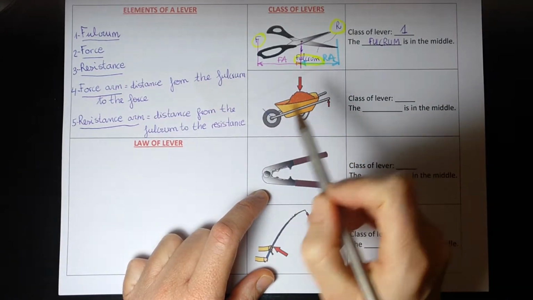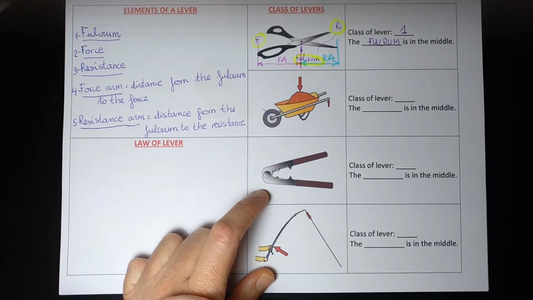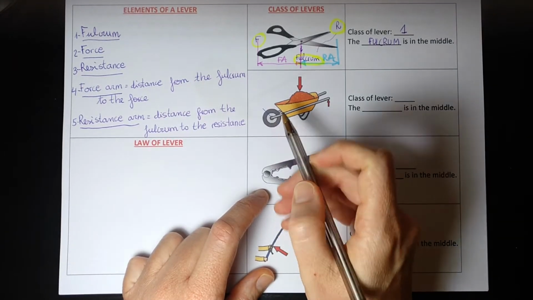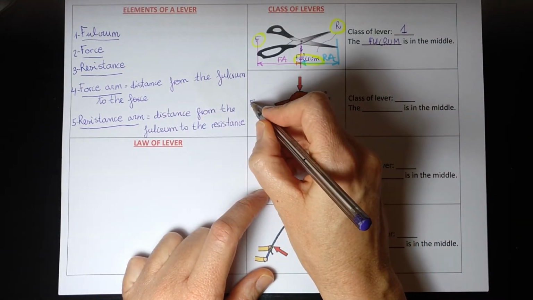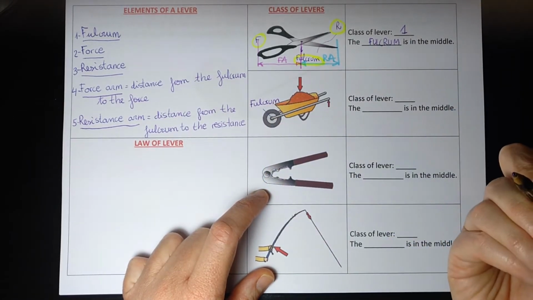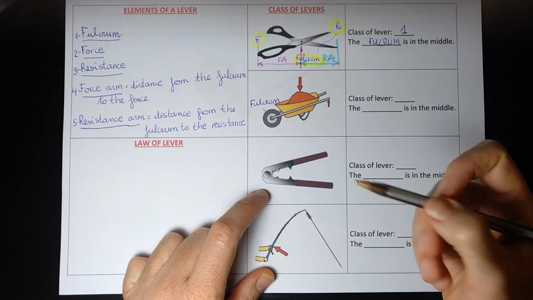In the second example, we have a wheelbarrow. It means a carretilla. Where is the fulcrum here? It's easy to understand that the point where the lever rotates is the wheel. So the wheel is the fulcrum. Where is the weight that we want to lift?